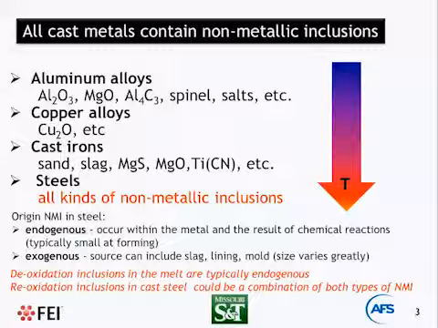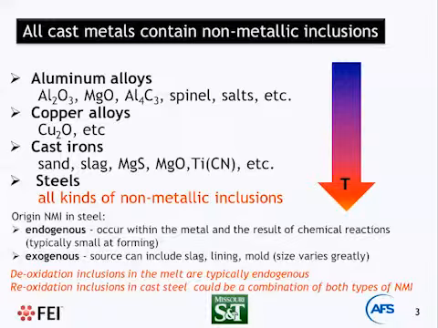Let me briefly show the thermodynamic nature of non-metallic inclusions. As I said, in steel practice we have very high temperature. And under these conditions, many metals which are not reactive at room temperature become very aggressive, and the strength of oxidation reactions depends on the affinity of a specific element to oxygen.